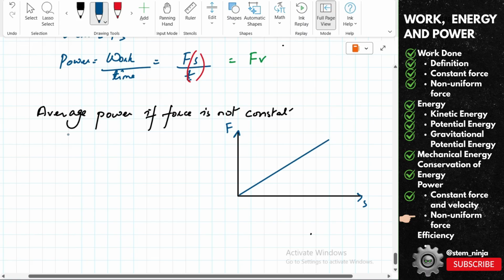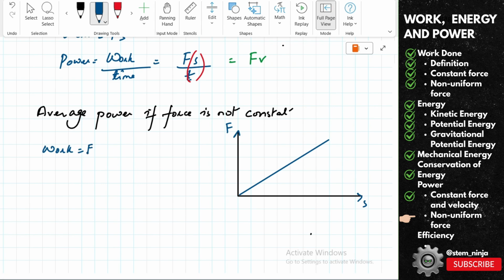Okay, so what we would need is the work or energy, which would come from the area under the graph, and divided by time, simply time duration. That will give you the average power.